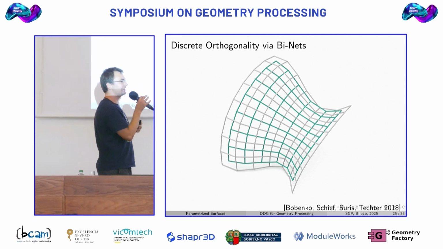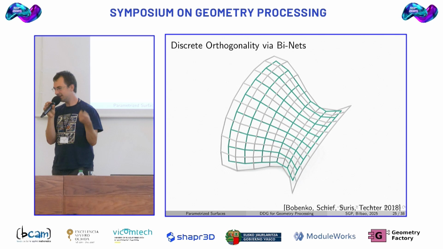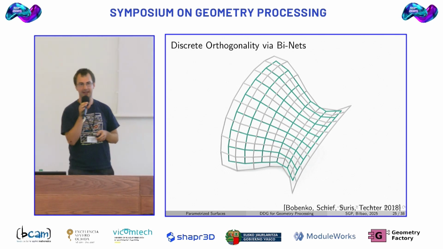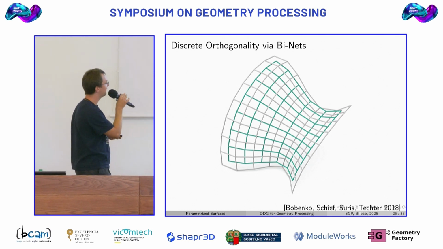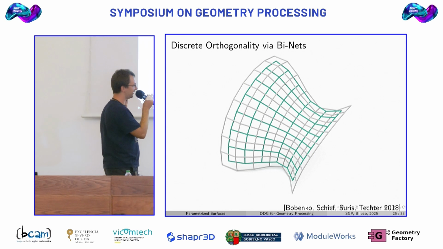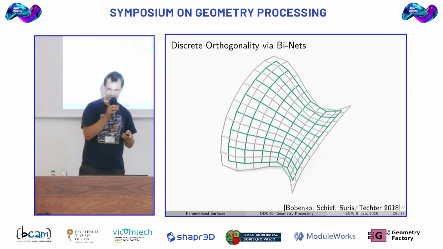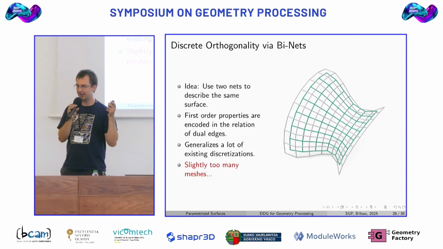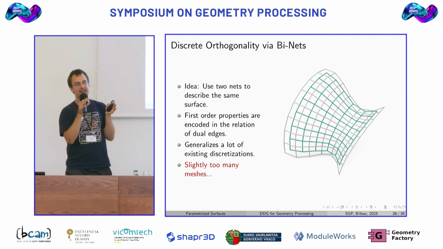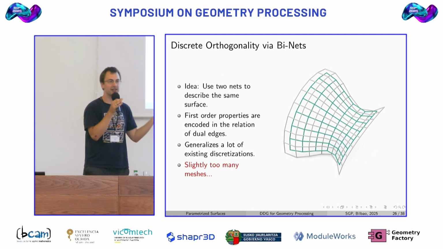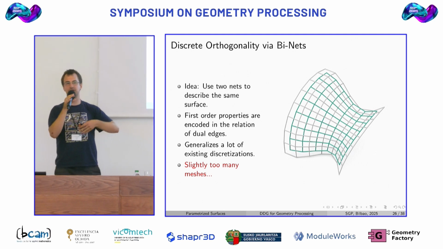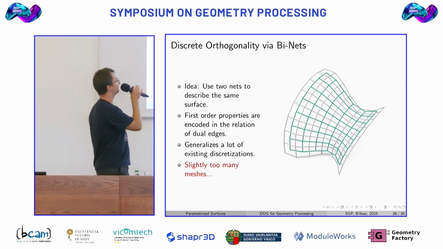One approach that is actually very powerful, I believe, is the approach of binets, first introduced by Popenko, Schiff, Suris, and Techter in 2018. And a binet, basically the idea is you use 2 meshes at the same time to discretize the same surface.